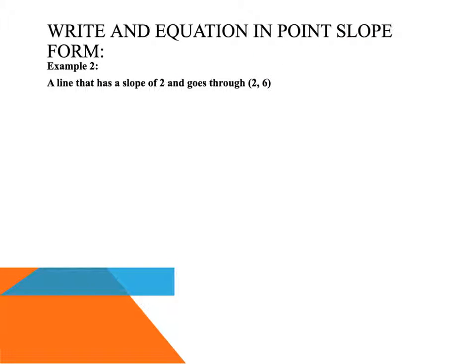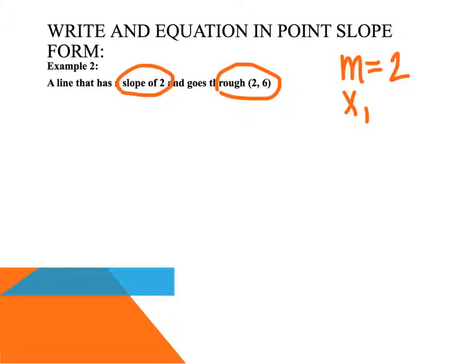Example 2. I have a slope of 2, and it goes through the point 2, 6. Again, I'll start by writing out the given information, so my slope, or my m value, is 2. My x1, I can get from my ordered pair, which is always x comma y. So x1 is 2, and y1 is 6.